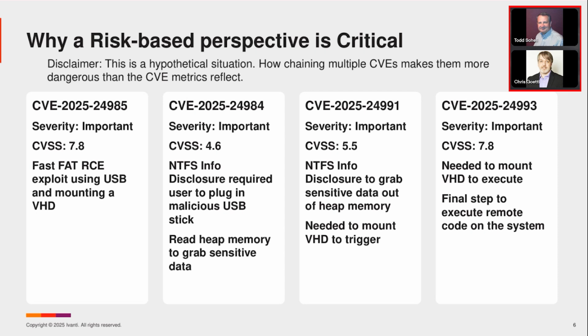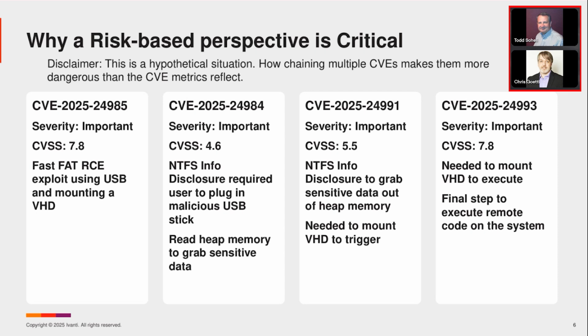There are a lot of limiting circumstances there, right? So the severity on this vulnerability by itself is only important, even though it's a remote code execution. The CVSS score is 7.8, not uncommon for that. We see a lot of known exploited vulnerabilities with a 7.2 to 7.8 CVSS score and an important severity rating.